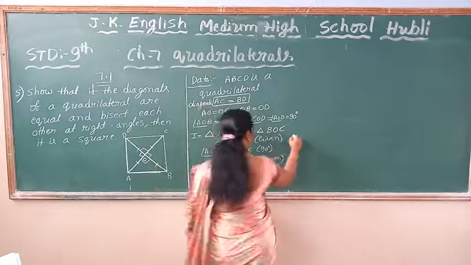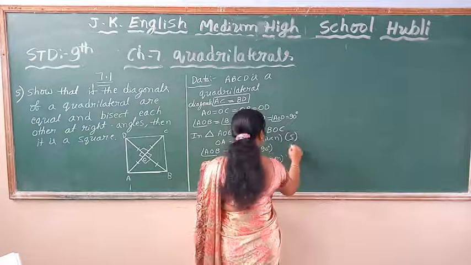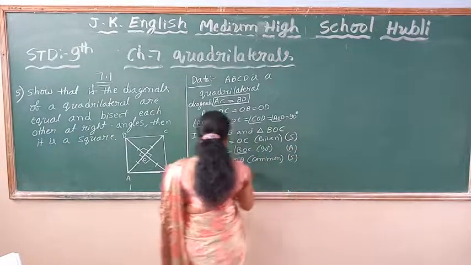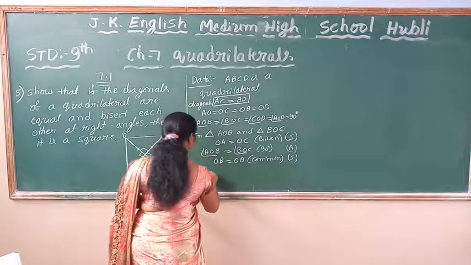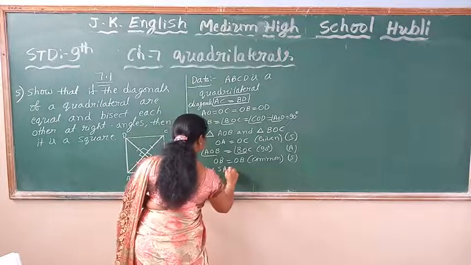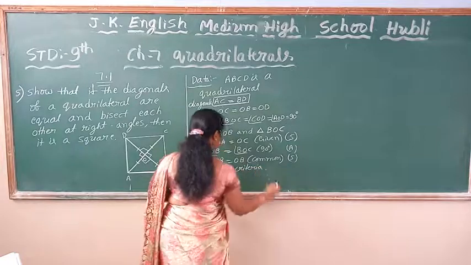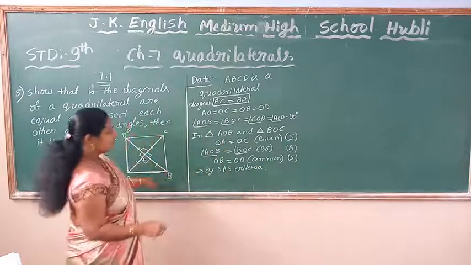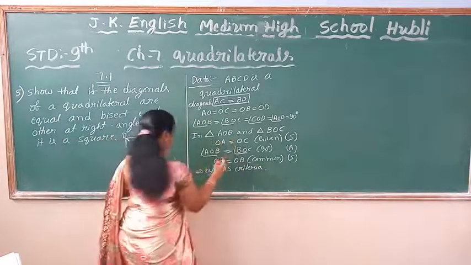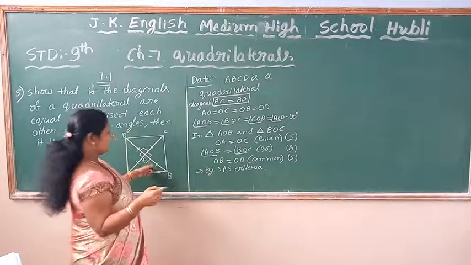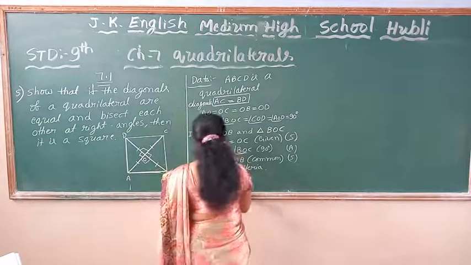OB is common. So by SAS criteria, side, angle, side, these two triangles AOB and BOC are congruent.